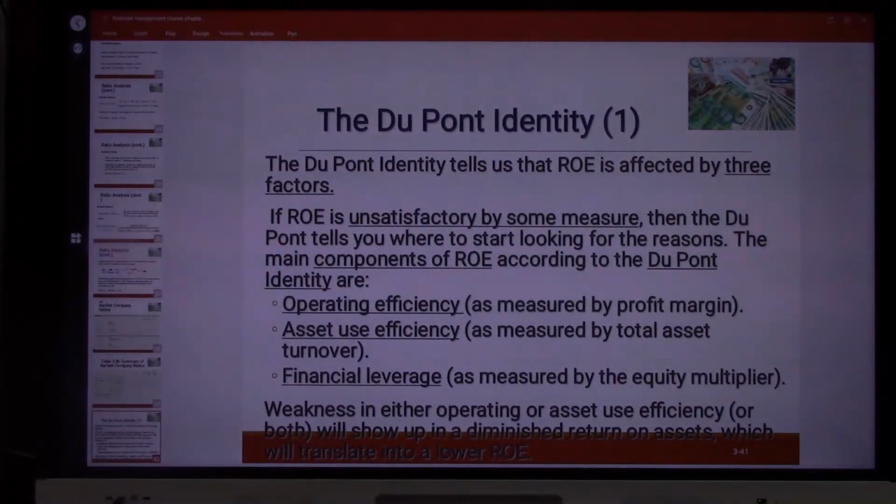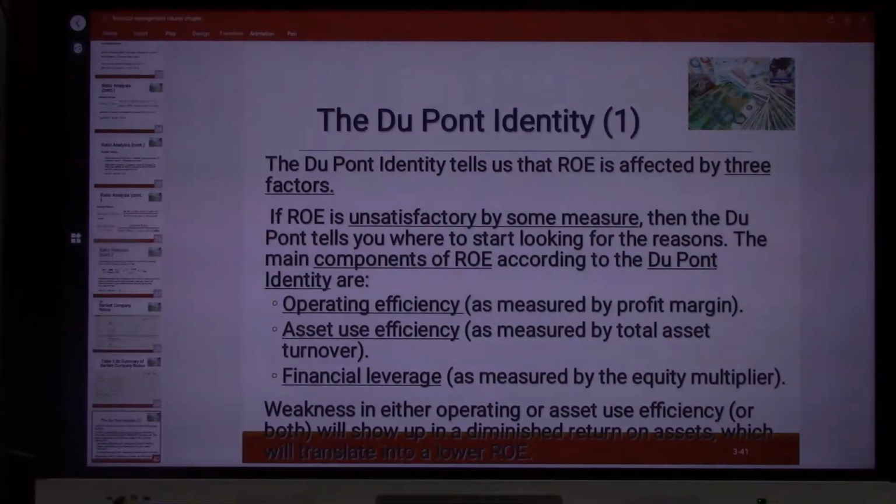The last part in our lecture, we have a system called the DuPont identity. According to the DuPont identity, we are going to concentrate on one of the very famous ratios, called return on equity. Return on equity could be measured by its short form, where return on equity is equal to net income divided by total equity.